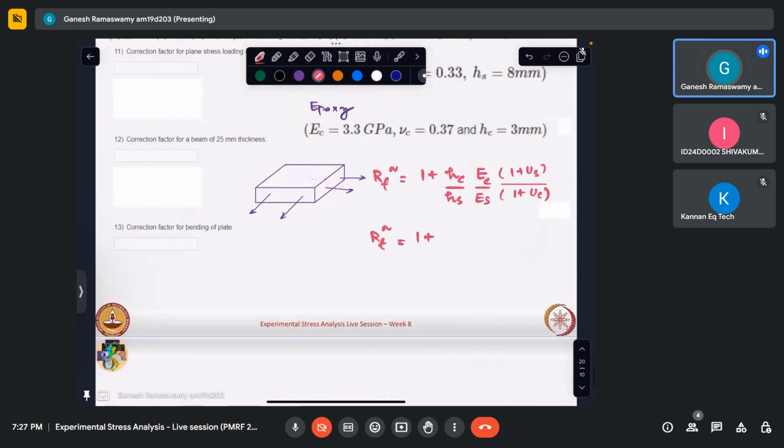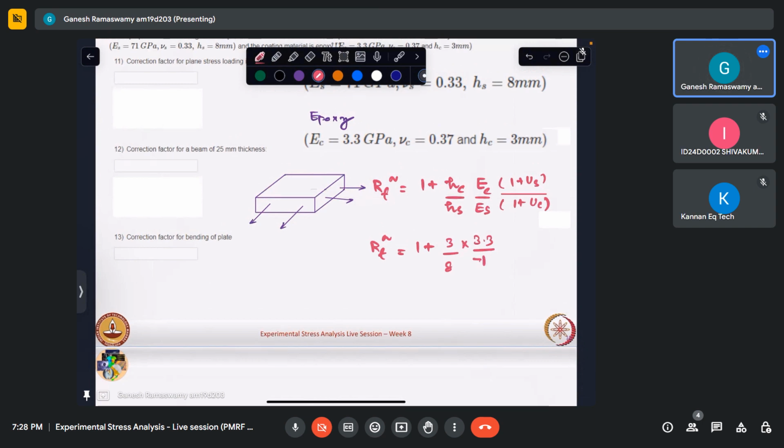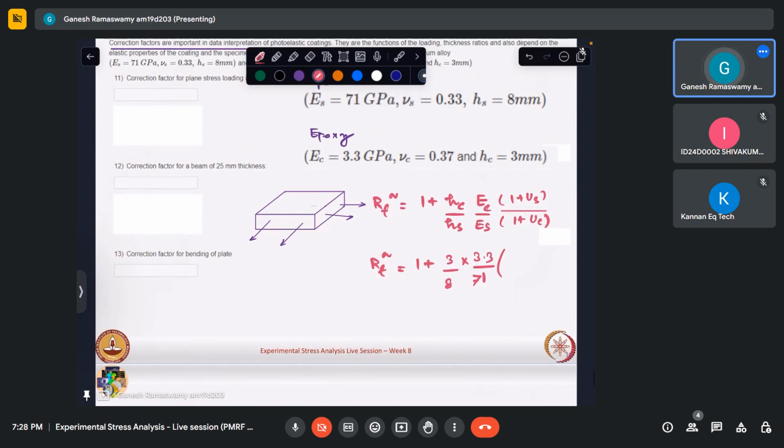And 1 plus mu s by 1 plus mu c is 1.33 by 1.37. So what does this come out to be? 3 by 8 into 3.3 by 71 into 1.33 by 1.37. This comes to 1.0169, or nearly 1.02 correction factor.